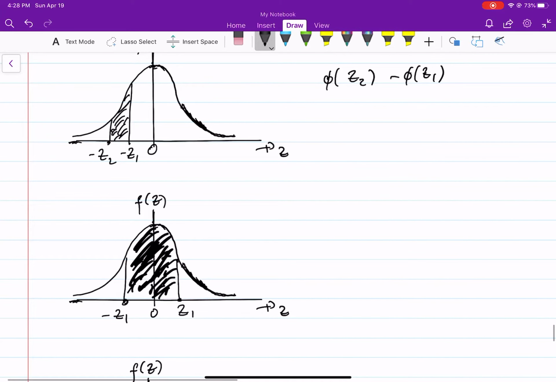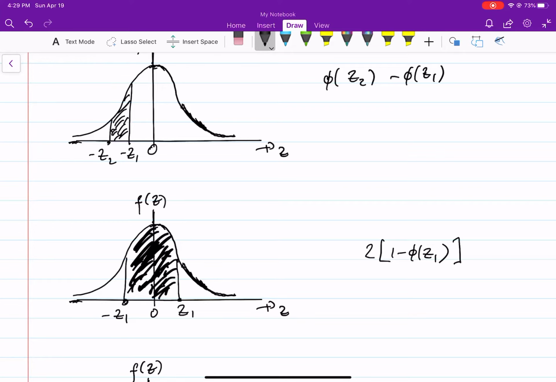So, if I take 1 minus phi of Z1, that will give me the unshaded portion to the right. If I double that, times 2, that will give me the two unshaded portions, one on the left and one on the right.